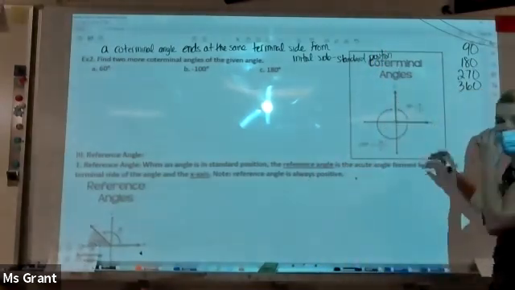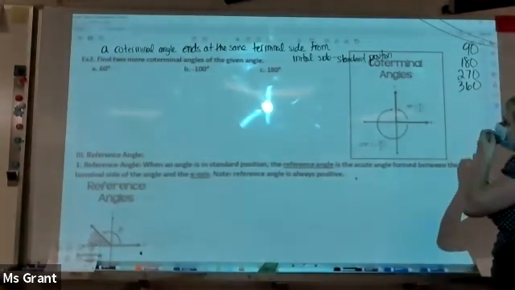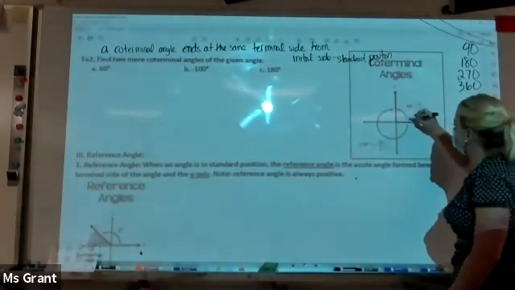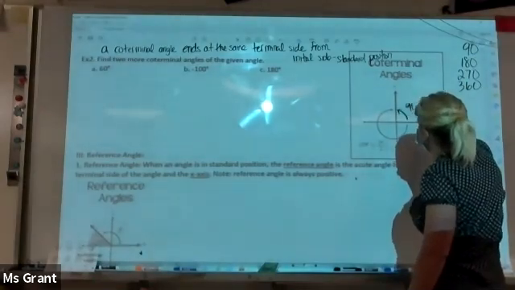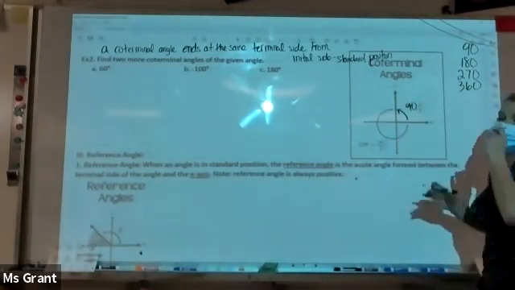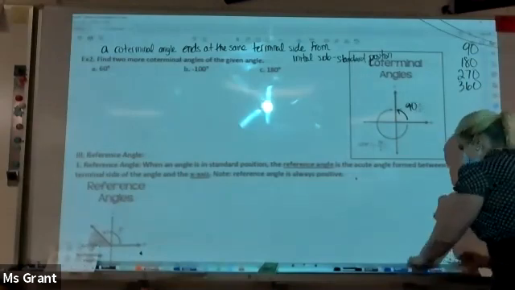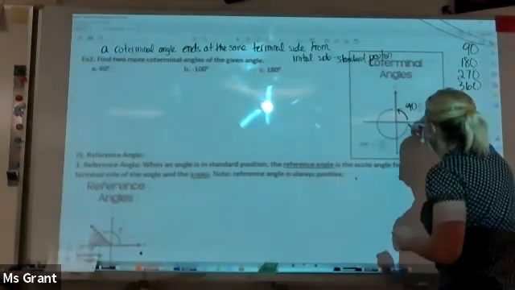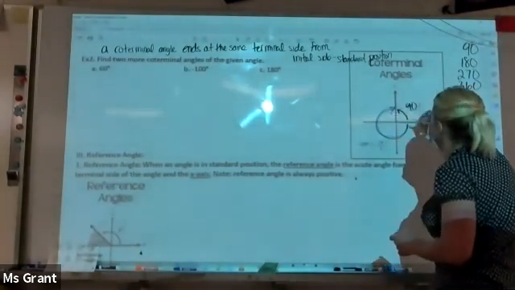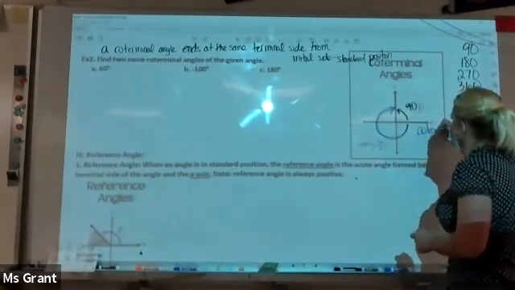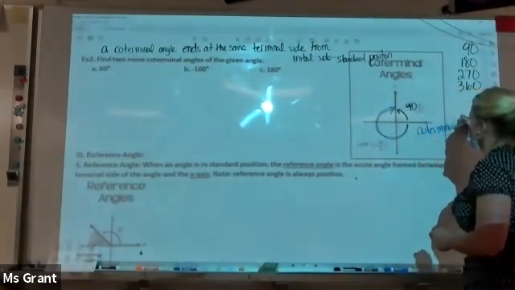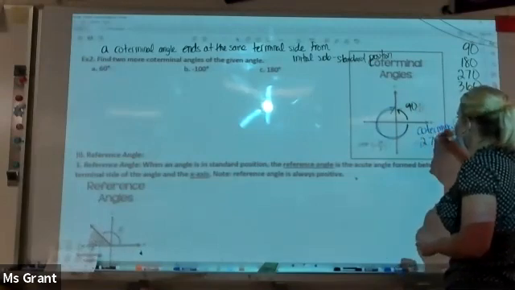Okay, so let's look at this little box right here. If my angle is 90 degrees, my coterminal can be negative 270.